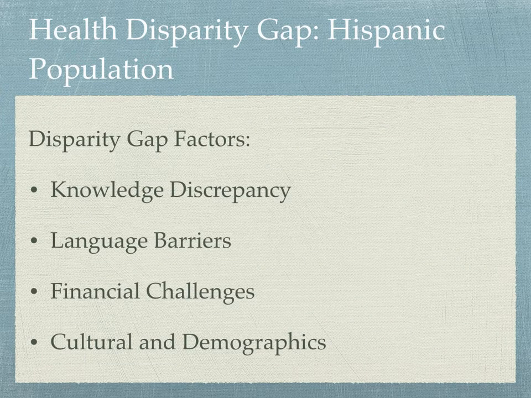There are certain health disparity gap factors that affect specifically the Hispanic population. Knowledge discrepancy: this relates to the factors that influence the achievement of glucose control and self-management practices in a Hispanic population, coinciding with health literacy. Language barriers: reciprocal communication is vital when it comes to providing or receiving healthcare.